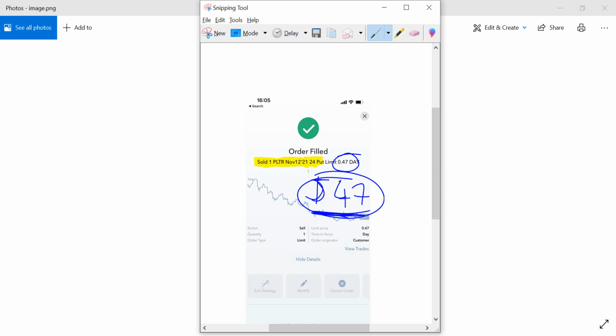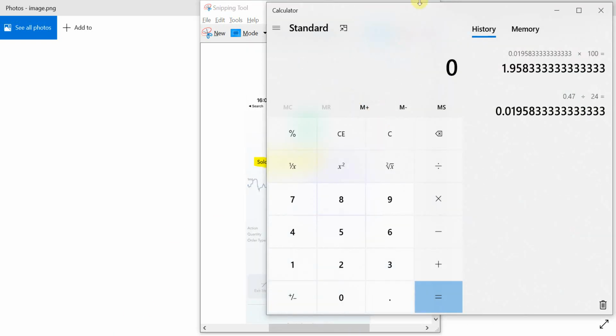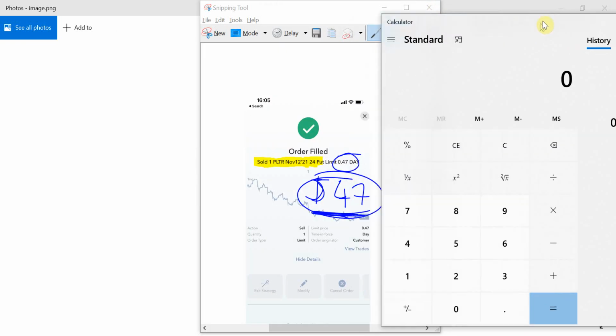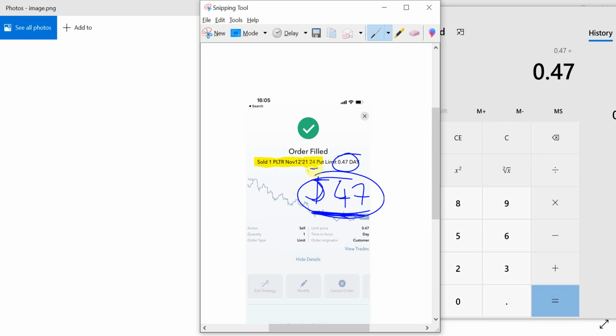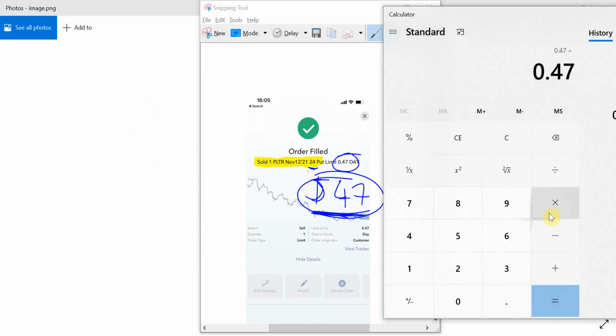So now let's work out what our return on investment actually is. I've just done it here, but I'm going to do it again for you guys so you can see. So I received 0.47, and it cost me $2,400, or in this case, I think I lost my cursor. There it is. $24.